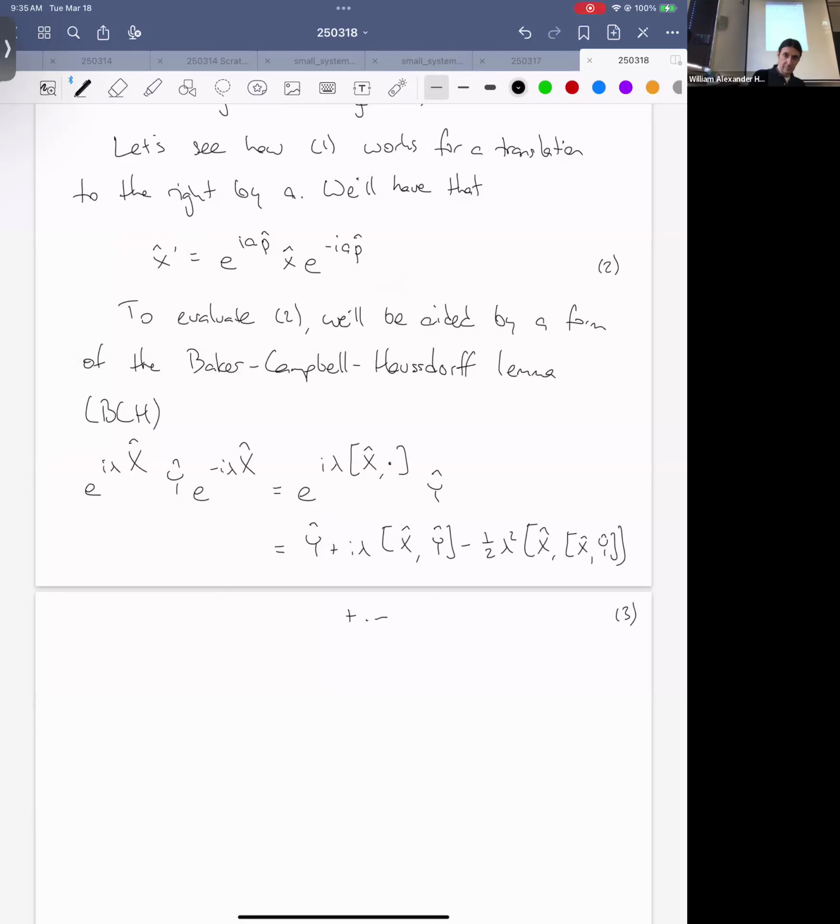So what will the first term be? Very good. So x prime is going to be x, and then what's the next term? Okay, so it's going to be plus i a commutator of x with p. Good.